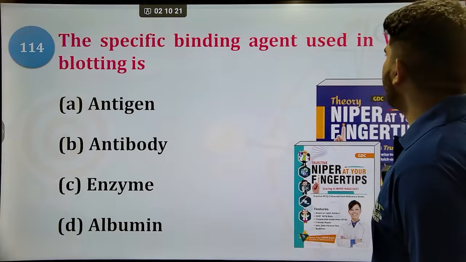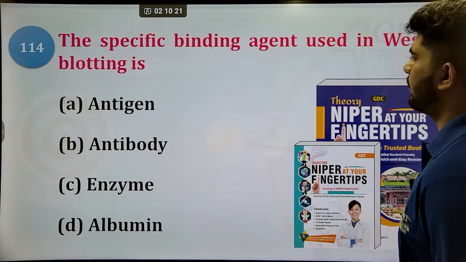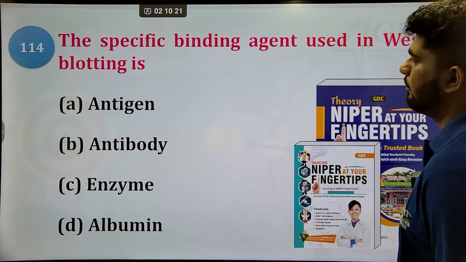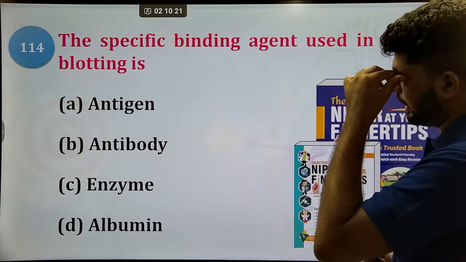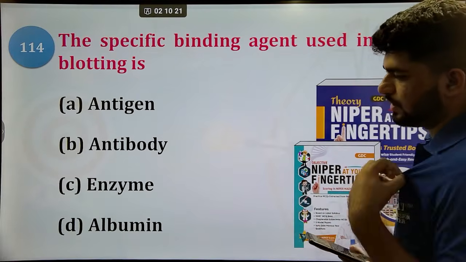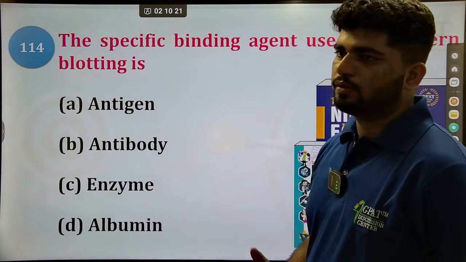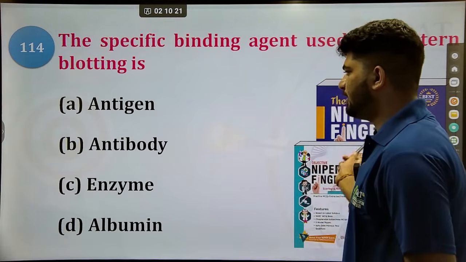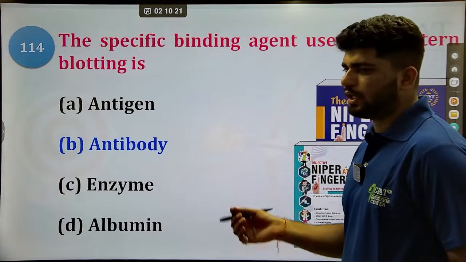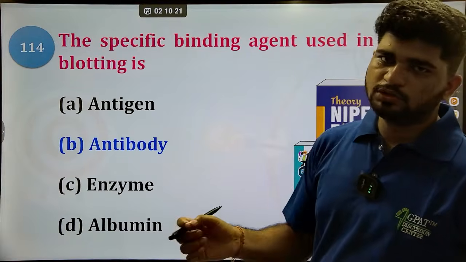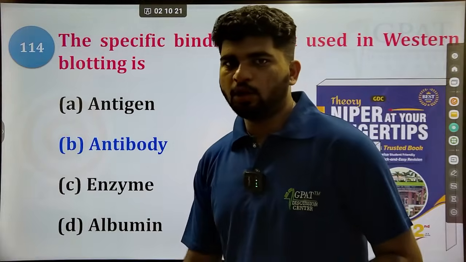The specific binding agent used in Western blotting. Binding agent, guys, is what? Antigen, antibody, enzyme, or albumin. What will you bind? You will be binding through that antibody only, because you put antibody onto those chemiluminescence blot paper.